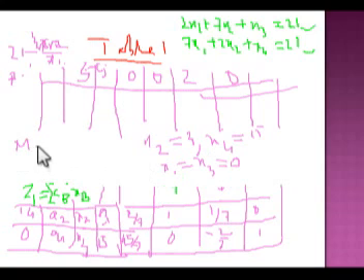Now if we put these values in the objective function, maximize z, we have the objective function 4x1 plus 14x2, and others will be 0 because their coefficients are 0.